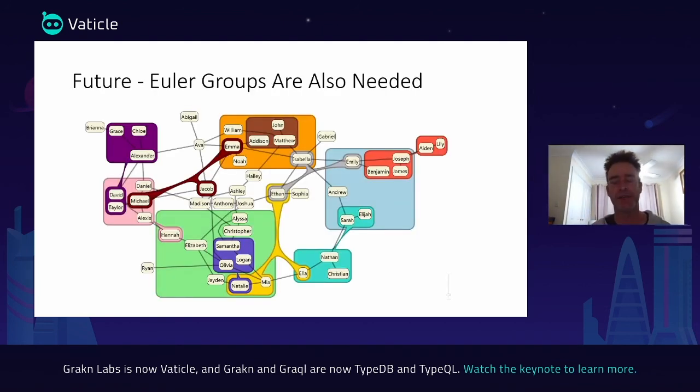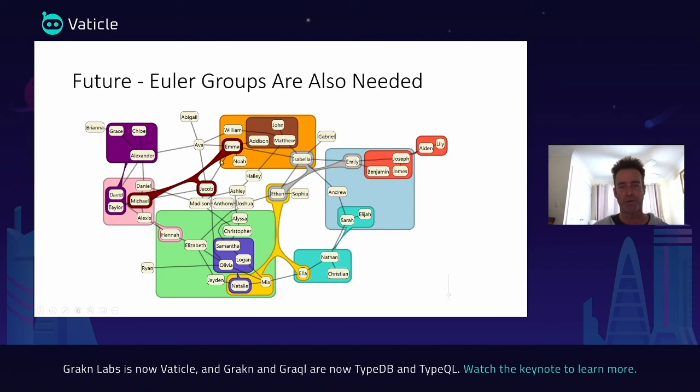Ideally, in the future, I'd like to do Euler groups. I've done disjoint groups, but joint groups would be super useful because there's two set patterns in TypeDB. One is the disjoint type set, and the other one is the joint set. And what you can see here is a disjoint group, which is the square box, and overlaid with that are these joint groups.